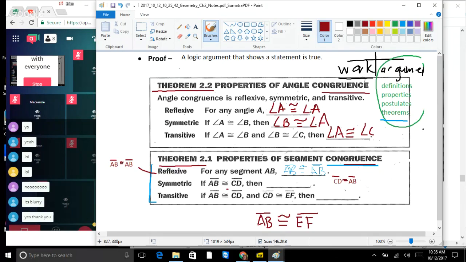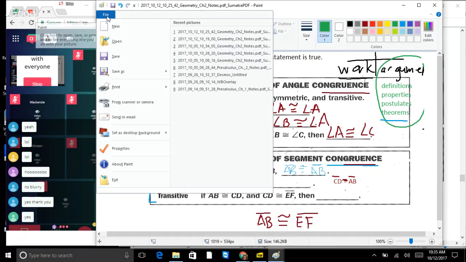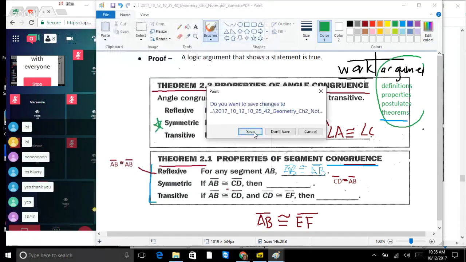So let's pick one of these and actually prove why it's true. It's not extremely exciting, but let's pick one and prove that it's true. Let's pick the symmetric property of angle congruence. Does that sound fun? Sure, right? Why not?